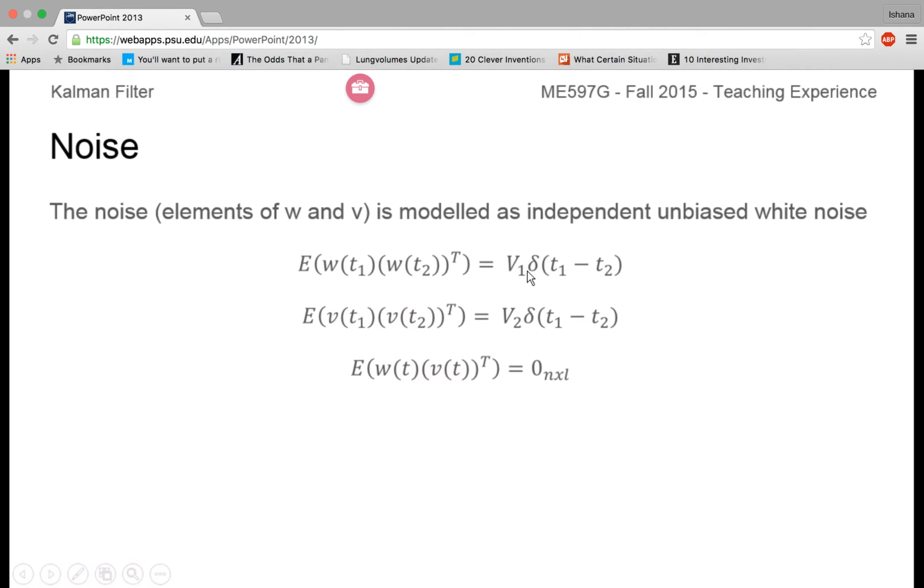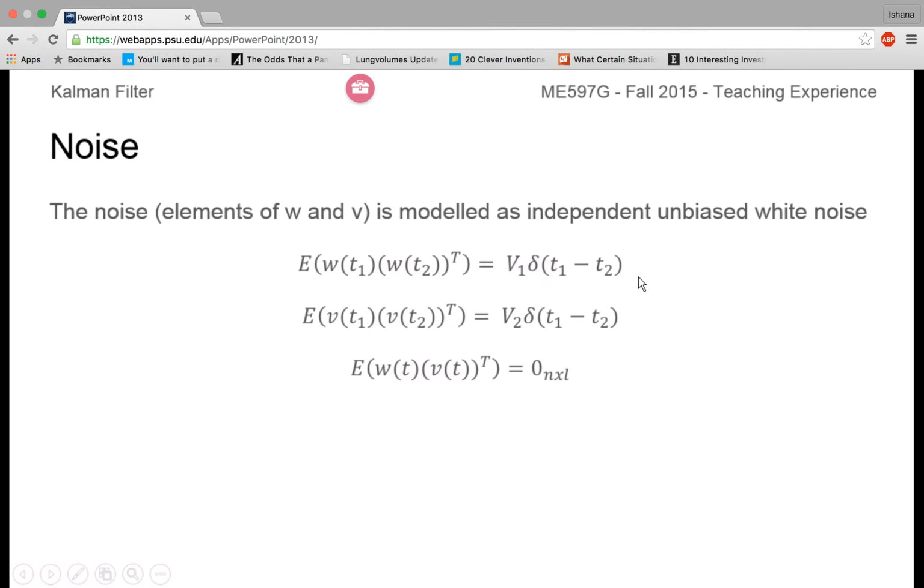Now this vector is basically an intensity vector, which says how much the intensity of the noise will be with passage of time.